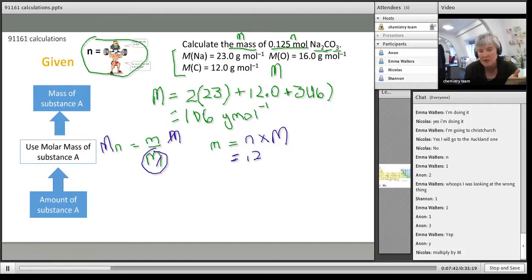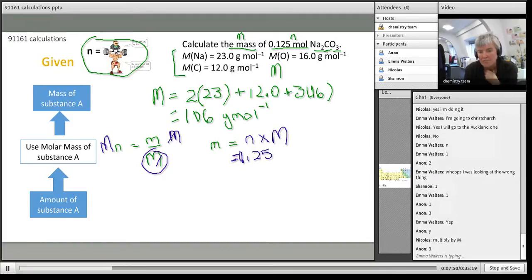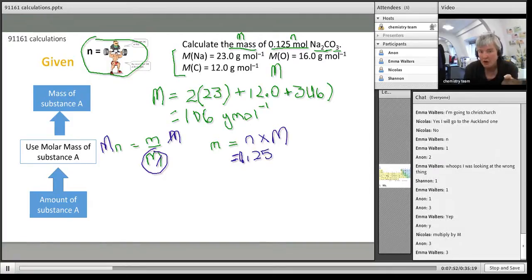Now 0.125. How many significant figures is 0.125? 3. So your answer should be to 3 significant figures. Well, it's supposed to be to the least accurate one. And 0.125 is to 3 significant figures. 106, and I should have been putting that 0 in because there should have been a 0 there as well.